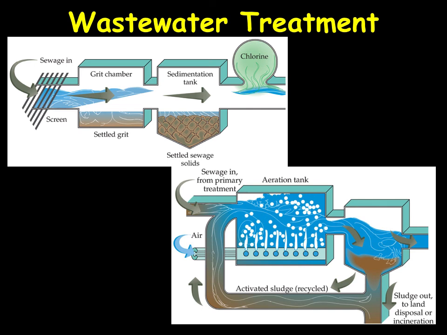Then we move to secondary sewage treatment where you pass what's left through different filters. During this process, bacteria will break down some of the organic matter that remains. Then the final treatment is to pass it through charcoal filtration to get rid of the rest of the organic molecules, and then it can be returned.